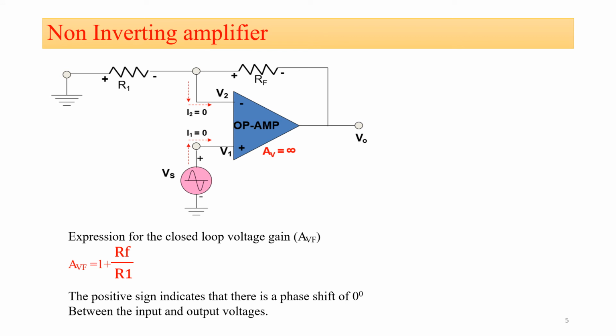Now in this case also the closed loop gain totally depends on two values, Rf and R1. And if you observe the equation of the gain, 1 plus Rf by R1, the positive sign indicates that the input and output waveforms are in phase, means there will be a phase shift of 0°.